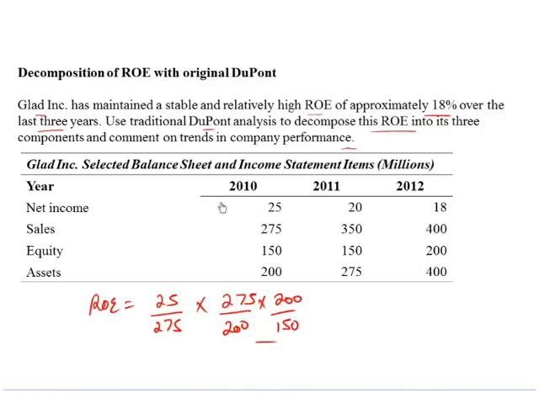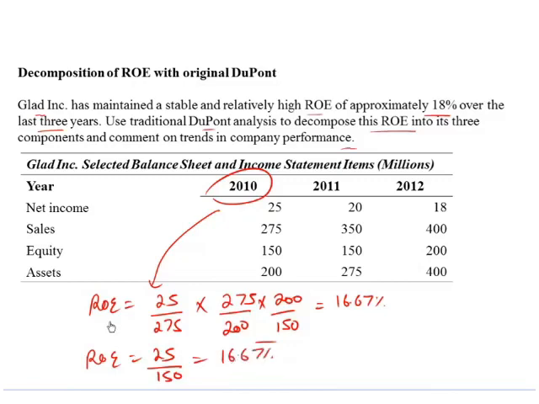So we've done the calculation for the year 2010 here, and we can compute the ROE as 16.67%. We could have also directly computed the ROE, that is 25 upon the equity of 150, which would have also given us 16.67%. But the original DuPont helps us understand the breakup better, as we'll see.